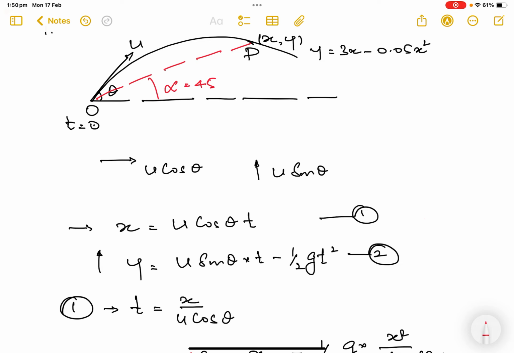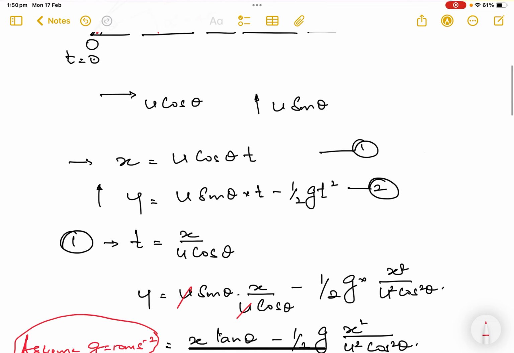We can separate that velocity horizontally and vertically because we are going to use the SUVAT equations on those directions. So horizontally, u cos theta. Vertically, u sin theta.